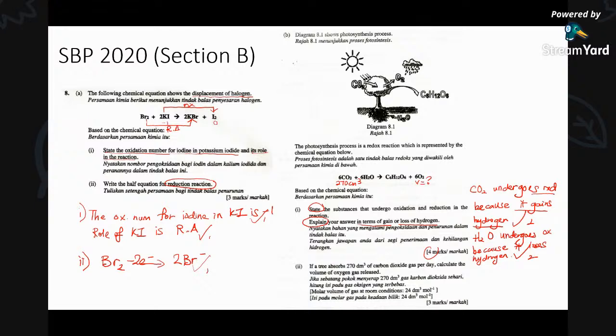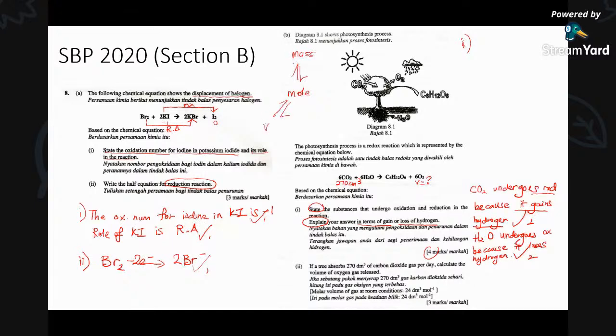How much of oxygen is being released over here? So I write down the calculation over here. So you will have 3 marks. So 3 marks, you need 3 steps. So calculation over here, you have to follow your number of mole. You have to follow this diagram.